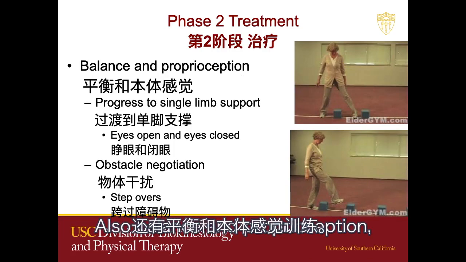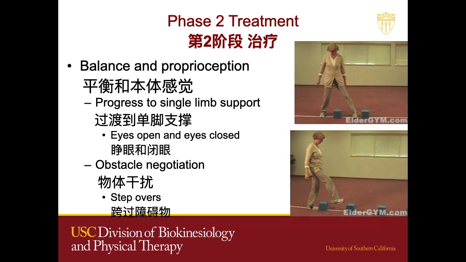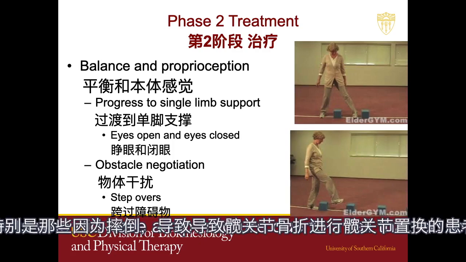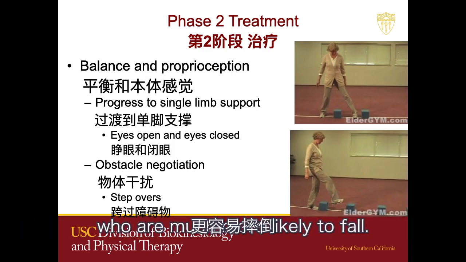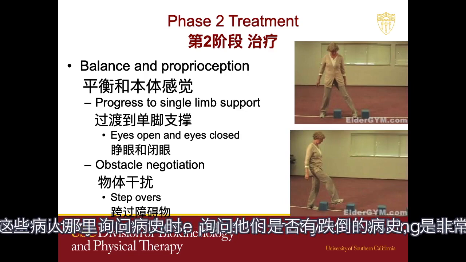Also, balance and proprioception. This is a very, very important thing, especially for the patients who did have a hip fracture due to a fall that led to your hip replacement. But it's also just important for all of these patients because we know that they're older people who are much more likely to fall. So it's really important when you're getting your history from these patients that you're asking about fall history.